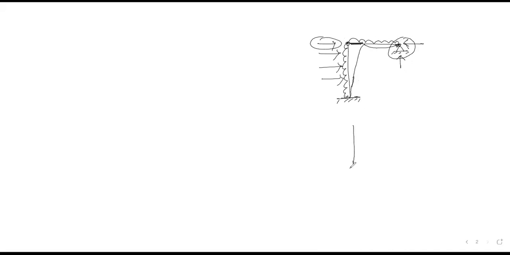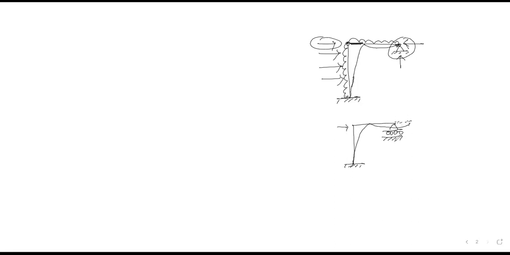But suppose we provide a roller support instead of the hinge support. In that case, what is your behavior? Suppose I am providing a load like this here, so your frame will sway like this. Please confirm me, is it clear or not?